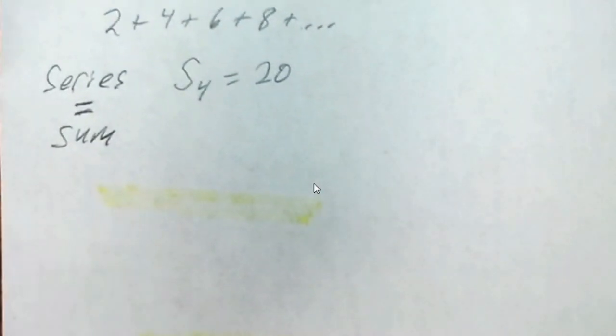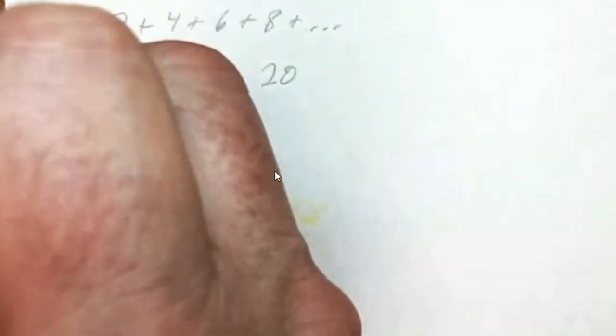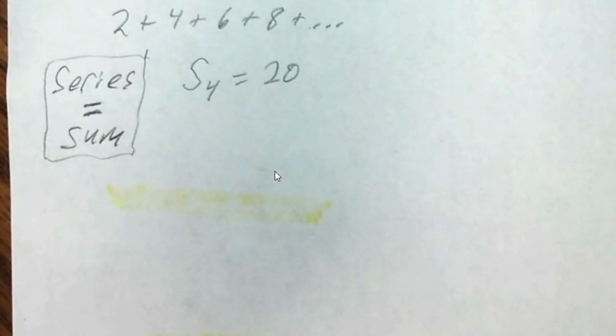We're summing them, we're adding them together if it's a series. Series equals a sum. So this is going to get a little different. We're going to have a formula for this as well.